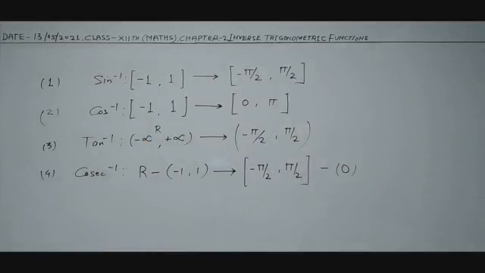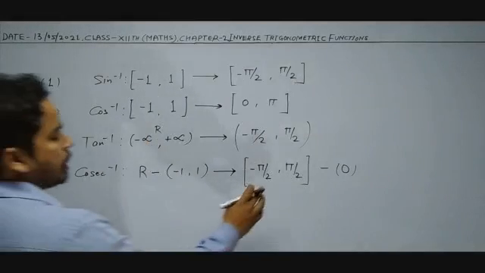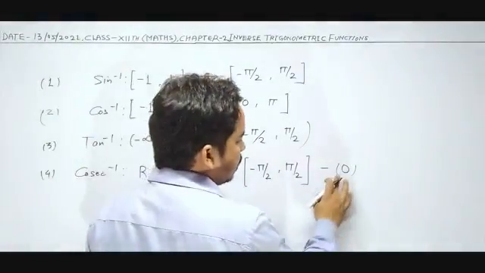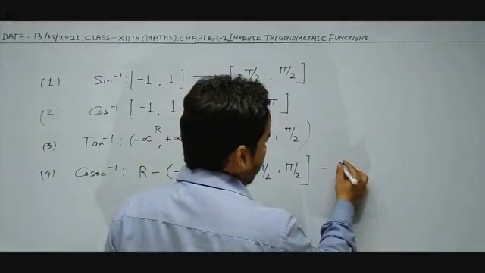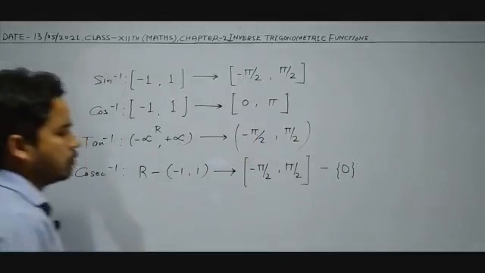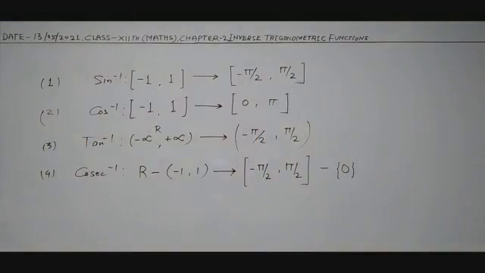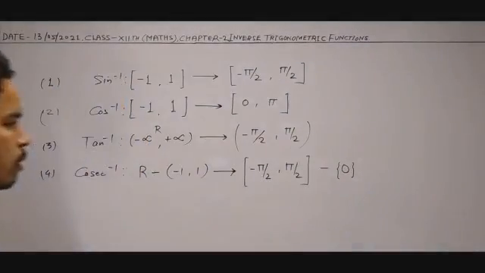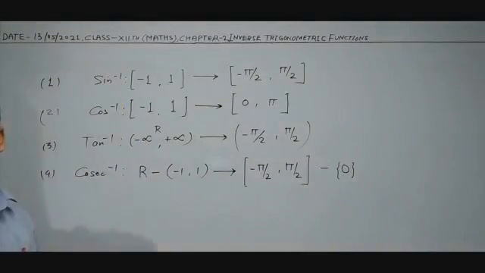So this is the Cosec inverse domain, and this is range. This is also known as principal value branch. This can be written in curly brackets also, excluding 0 part, because you know every element of sets can be written in curly brackets. Roster or set builder format always write.